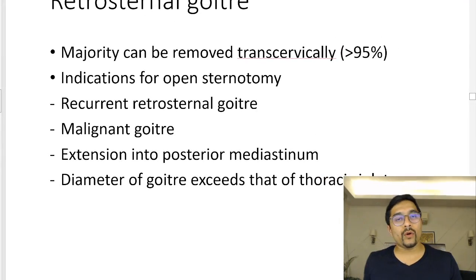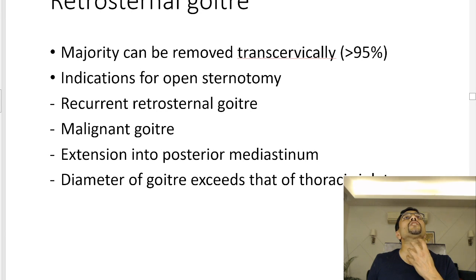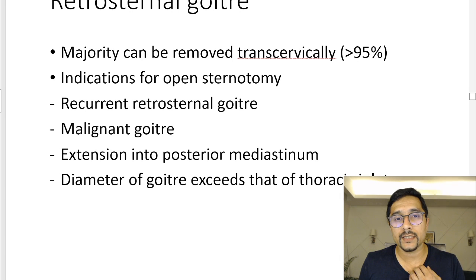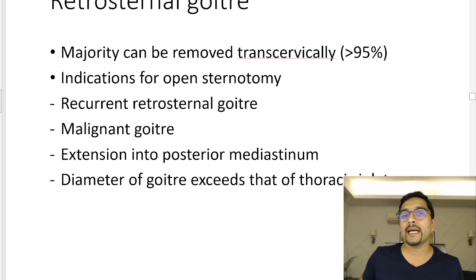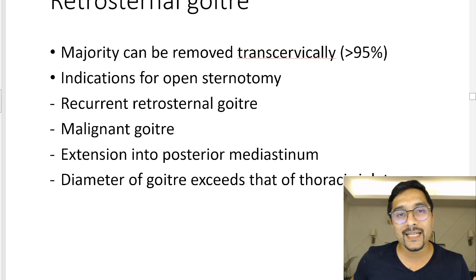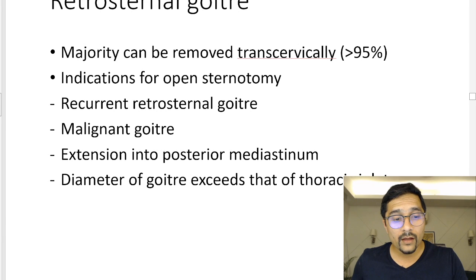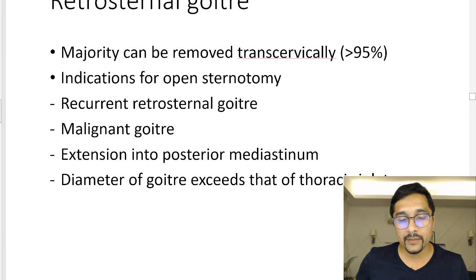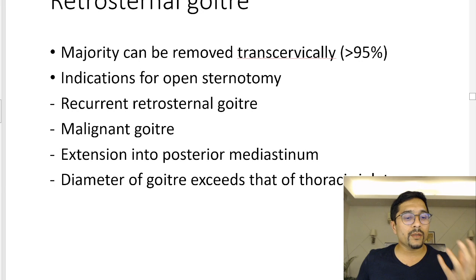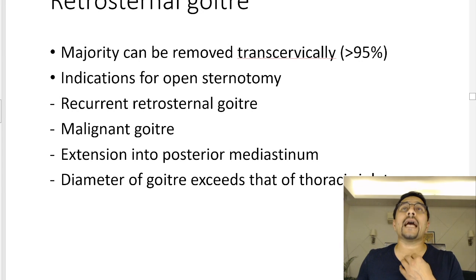Another update, you know about retrosternal goiters. Retrosternal goiters are goiters which start in the neck and go into the mediastinum or retrosternal region, or they can be primary mediastinal goiters which are arising in the mediastinum, right? So there can be two types. We know the most common type is the one which starts in the neck and then goes behind the sternum.